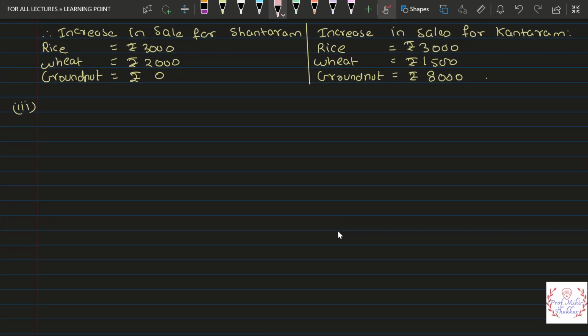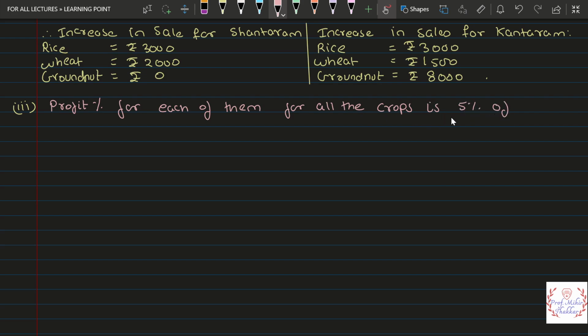We have to say over here profit percentage for each of them for all the crops is 5% of gross, that is total sales. So let us first write down the total sales over here.